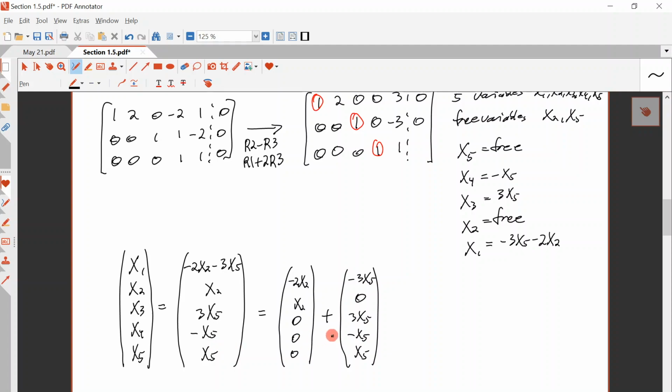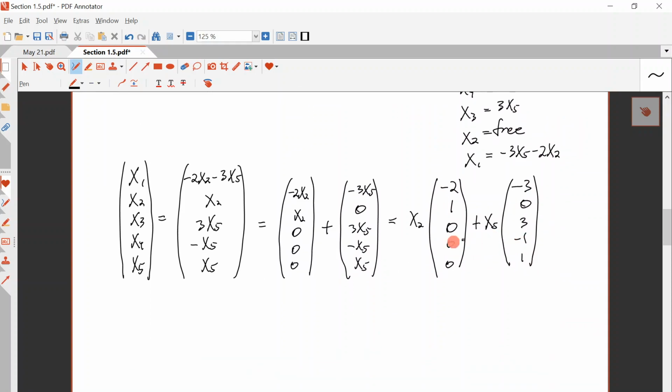So now we separate the x2 vector and x5 vector, and factor out the free variable: x2 times minus 2, 1, 0, 0, 0, plus x5 times minus 3, 0, 3, negative 1, 1.